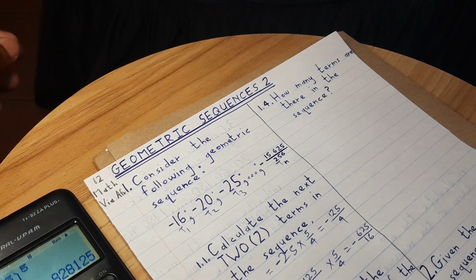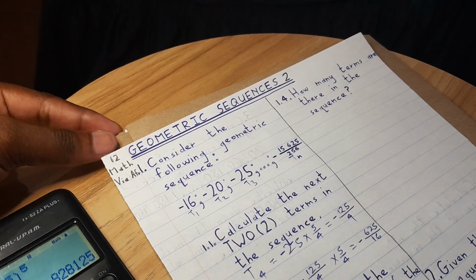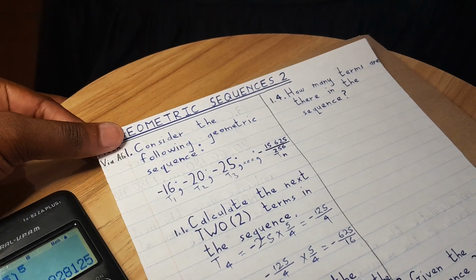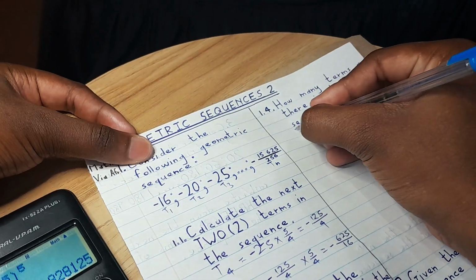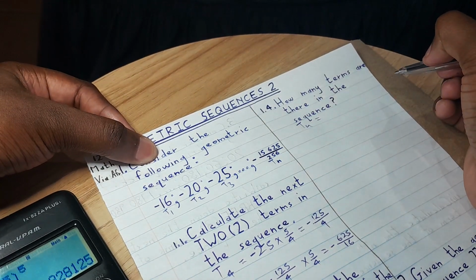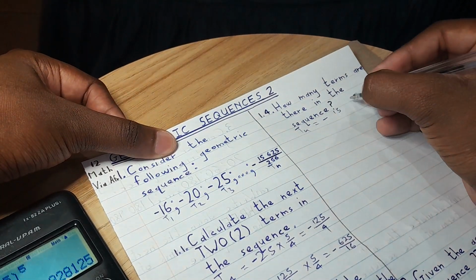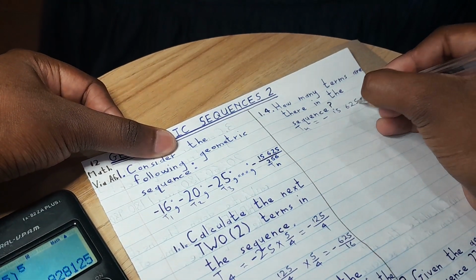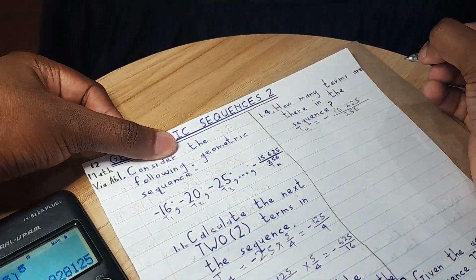And then 1.4 states, how many terms are there in the sequence? Now this is very interesting. We don't know how many terms are there in the sequence. All we know is that Tn equals the last term of the sequence that we are given, negative 15,625 over 256.